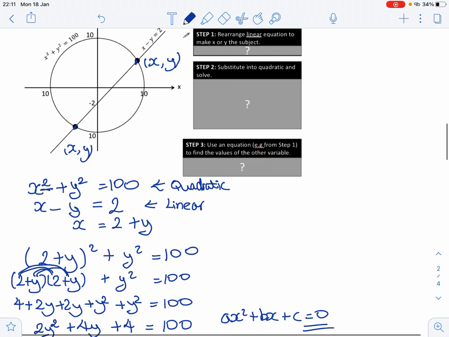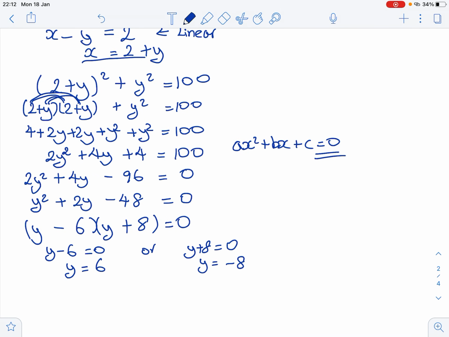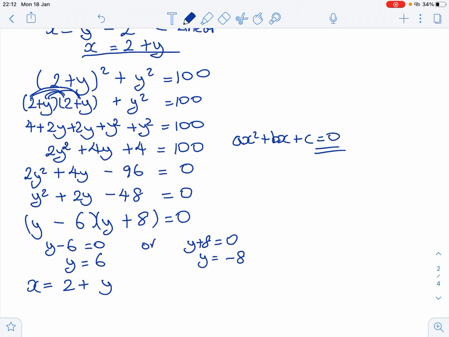Then step 3, I'm going to use an equation from step 1 to find the value for the other variable. I'm just going to use this equation here. I know x equals 2 plus y. I'm going to substitute my first value: x equals 2 plus 6, which equals 8. And for my second one, x equals 2 minus 8.